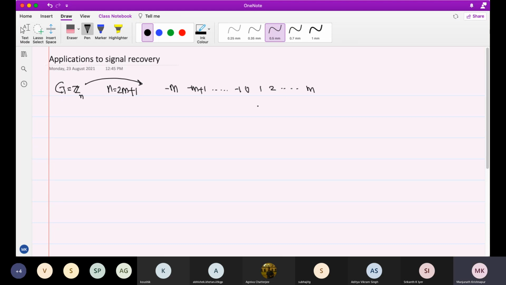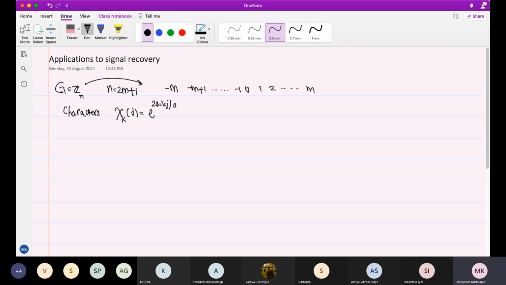The reason is the following. Then you have the characters, right? The characters are chi sub k of j, which is e to the 2 pi i kj by n.